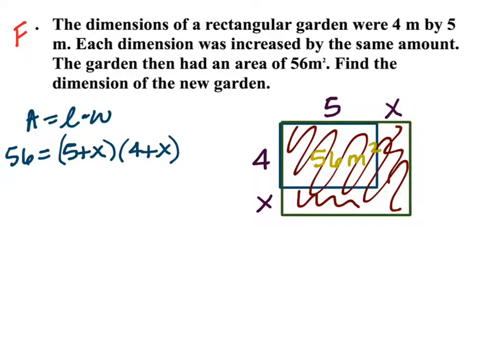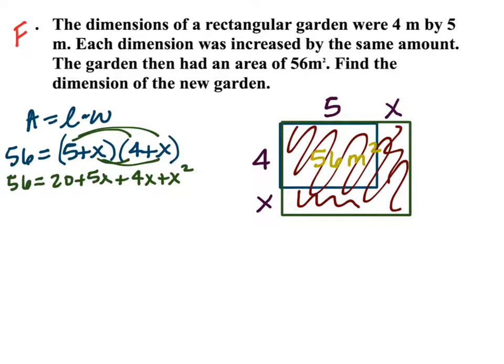Now I need to FOIL this and then go through the process of zeroing out one of the sides. So when I FOIL, I get 56 is equal to 20 plus 5x plus, and I still need to FOIL the second part, which would give me 4x plus x squared.